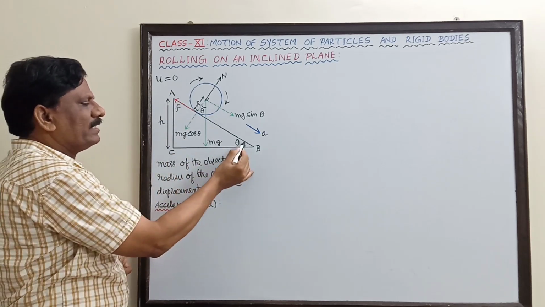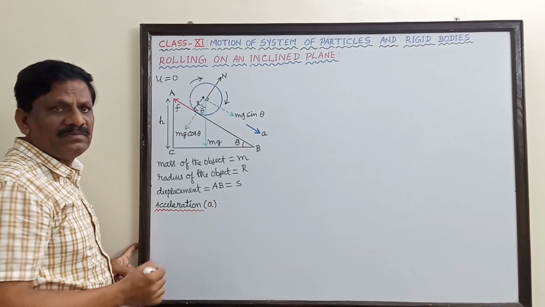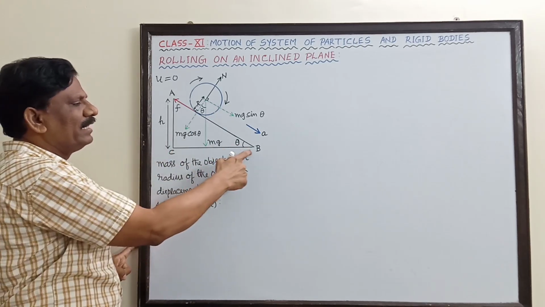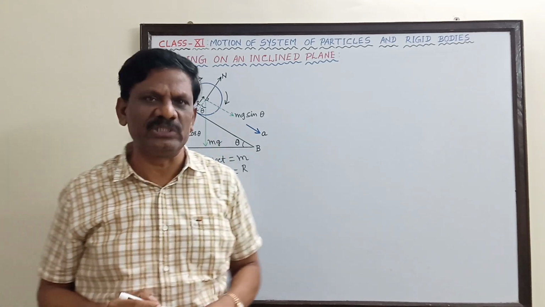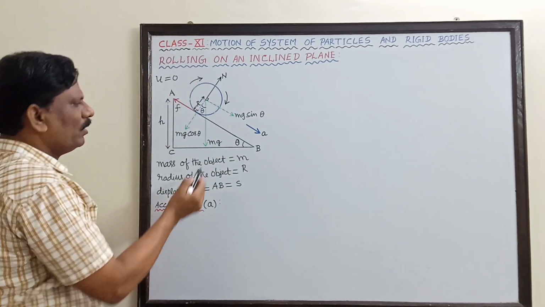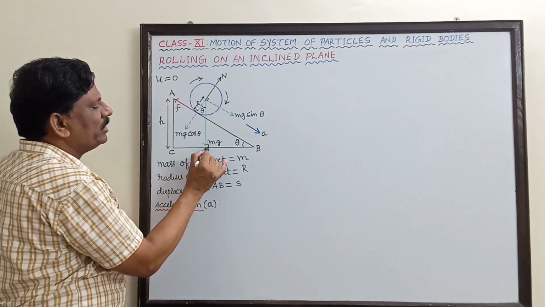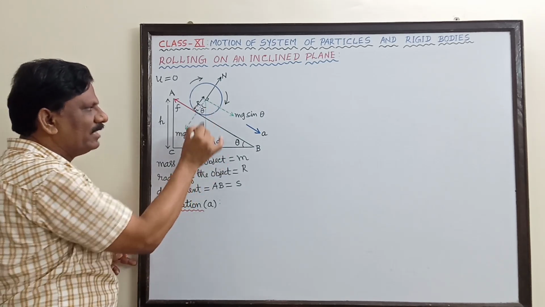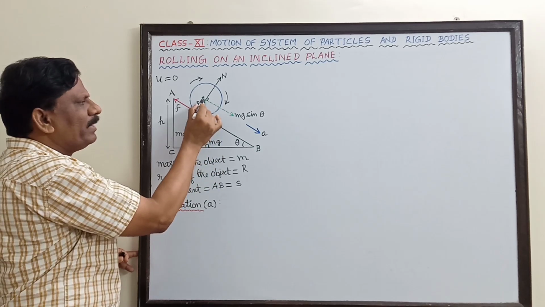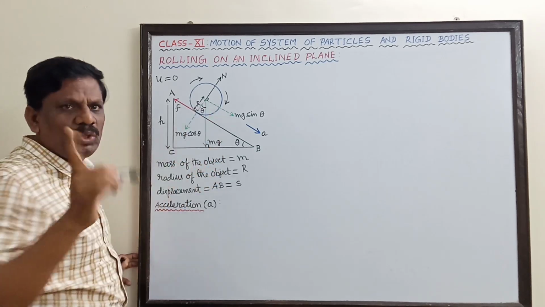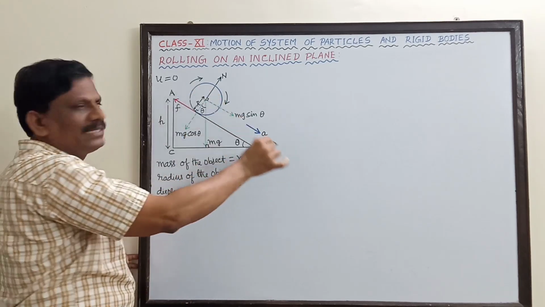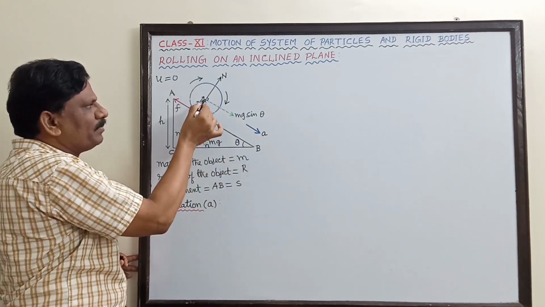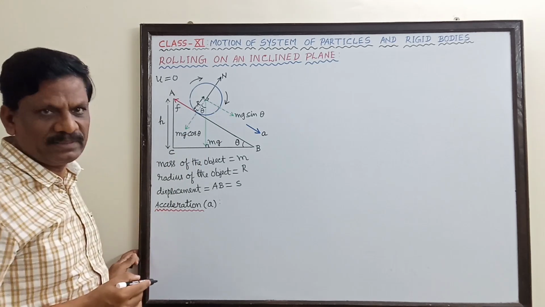What is the angle of inclination here? The inclined surface is inclined at an angle theta. Theta is the angle of inclination. Now you can see this is the weight mg, acting in the downward direction. I will split this mg into two perpendicular components, one along the direction of motion and the other perpendicular to the direction of motion.